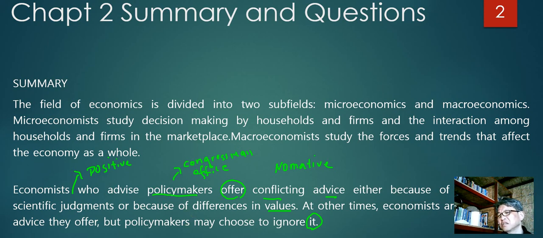Policymakers are in a different position because they have to consider their supporters. Another entity in their decision is the citizens or voters who support them in the next election.